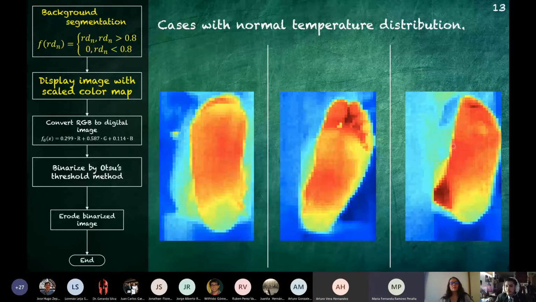Can you make a base or something to put the feet in, so you can control that? Actually, the foot is placed in a base where we try as much as possible to isolate the background. However, some areas still are not totally covered.